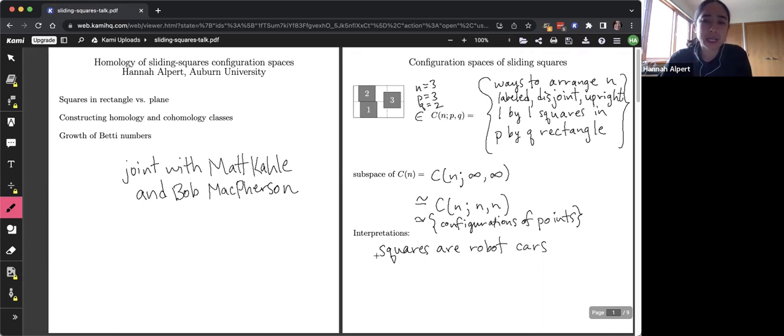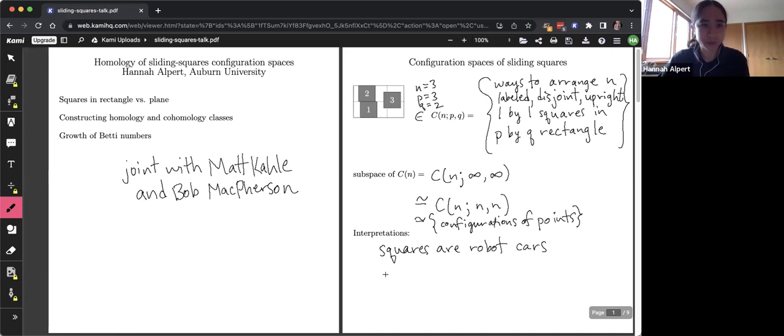You could be imagining a motion planning problem where you have some robot cars and they're all moving around on some kind of factory floor, and they have to coordinate somehow so that they can get to where they're going without crashing into each other. And problems like this do have topological obstructions. So it does make sense to ask about the topology of the configuration space in such a situation.